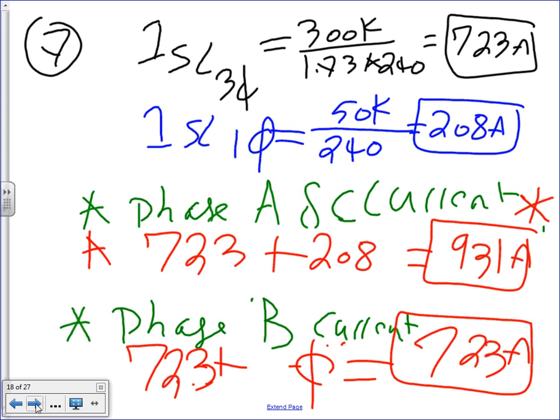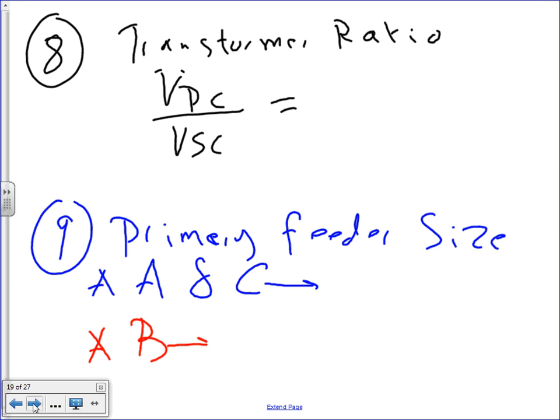Okay, so now the next step, we do have a transformation ratio that we're going to do. Transformer ratio, guys. Number 8, transformer ratio is 2400 divided by 240, and that will give you 10. And my transformer is 10 to 1.